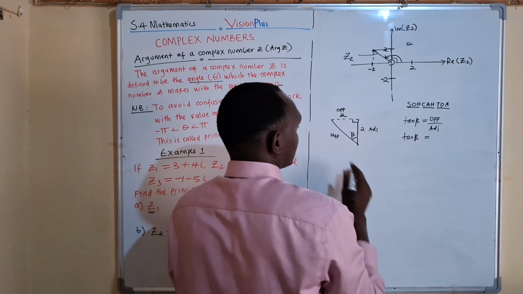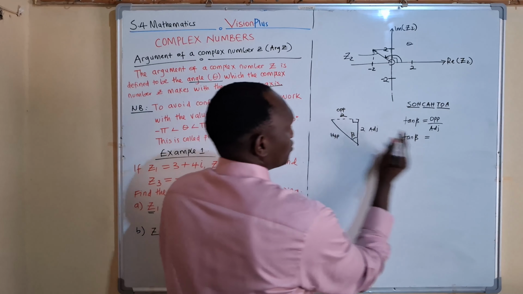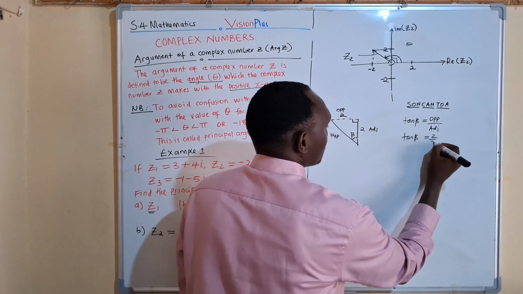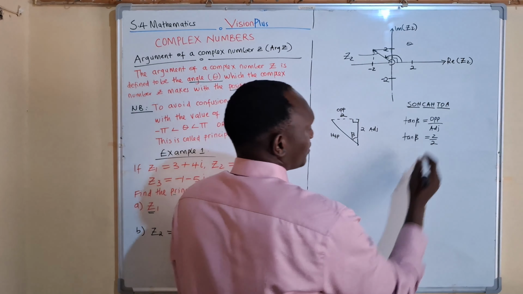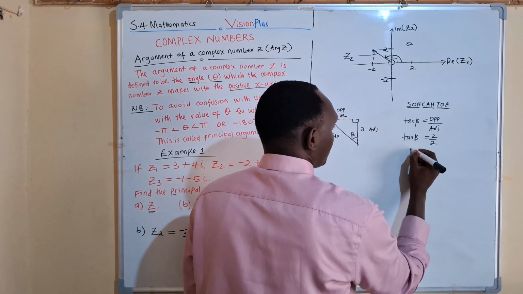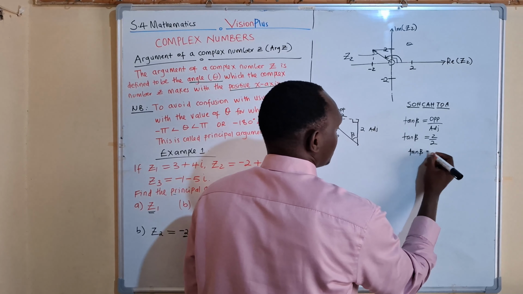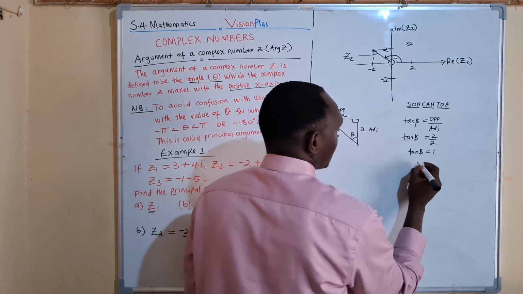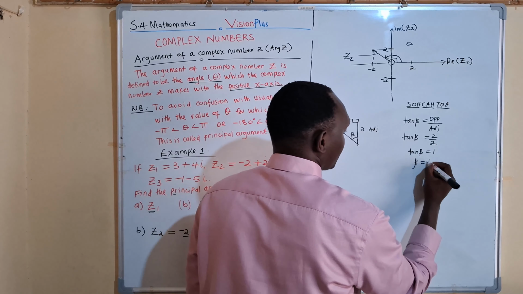What is the opposite? Opposite to the angle is 2. Also adjacent to the angle is 2, which gives us 1. That means tan of beta equals 1. But we are looking for beta. Therefore, beta equals tan inverse of 1.